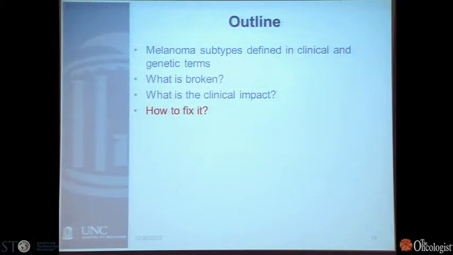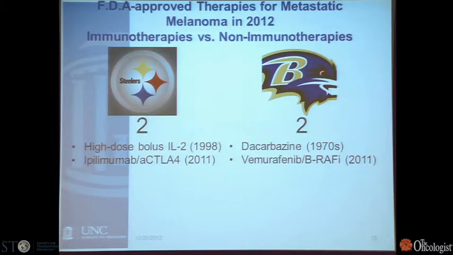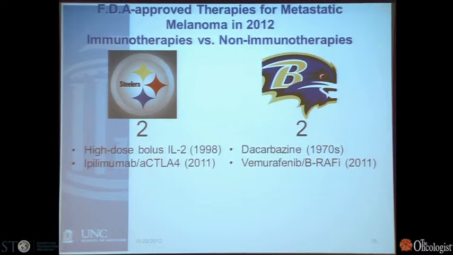So how are we going to fix that now? If you believe that FDA-approved therapies are a barometer of what is important in a cancer, then you have to appreciate that the group has been split between those who believe non-immunotherapies are effective and those who believe immunotherapies are effective.